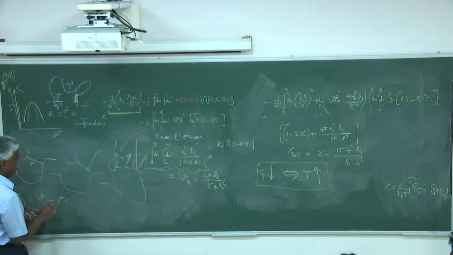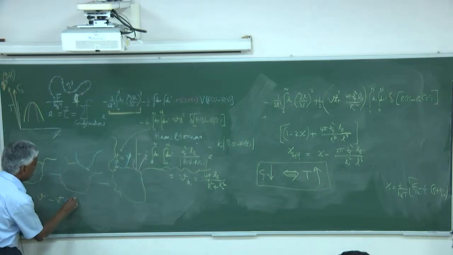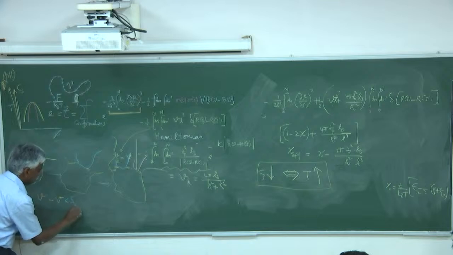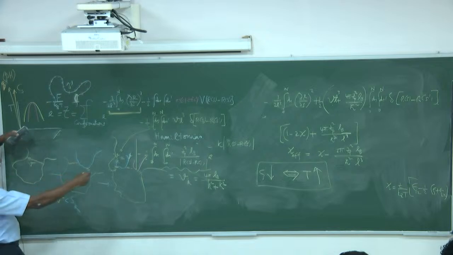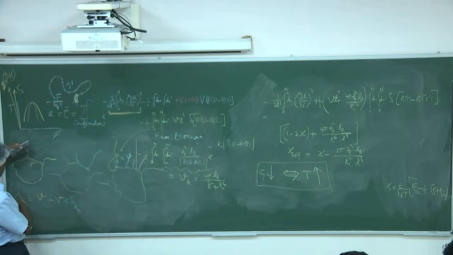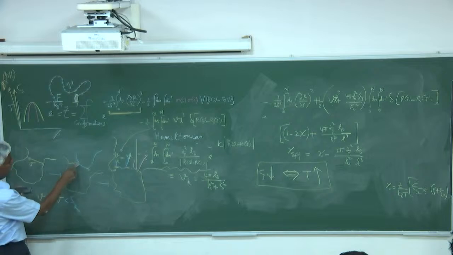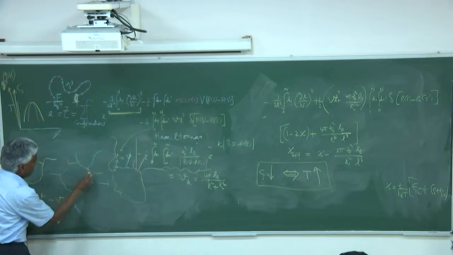S k is 1 over k square. Remember, the fractal dimension of a Gaussian chain gives 1 over k square inside the polymer coil. And then I have V, and then again C S k, where C is the concentration of the polymer, and then another V, plus etc.